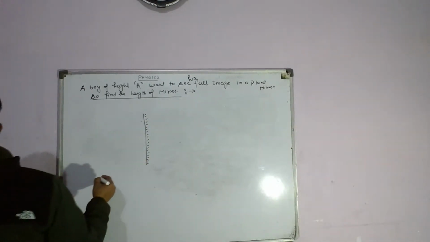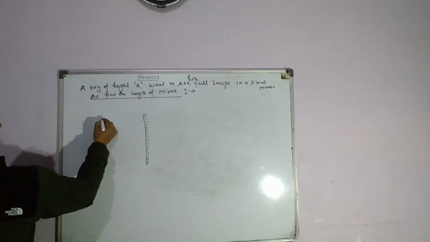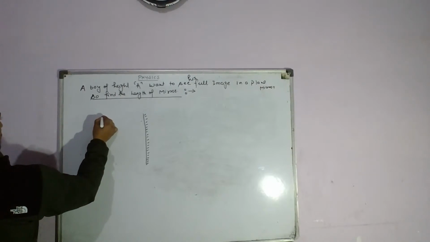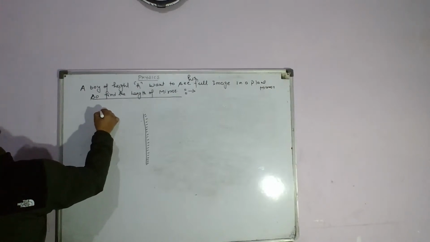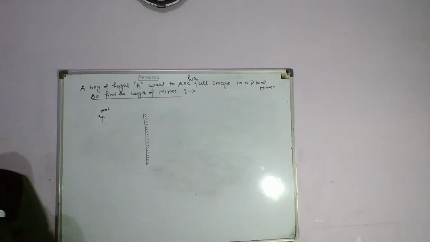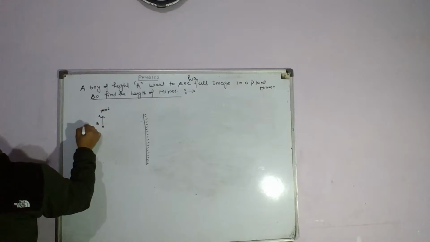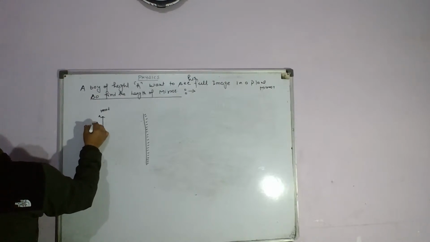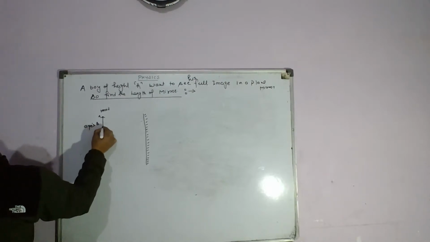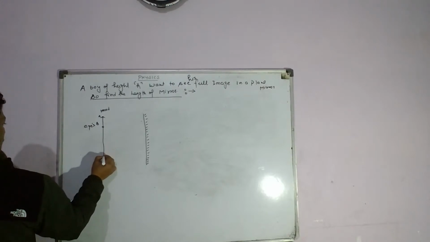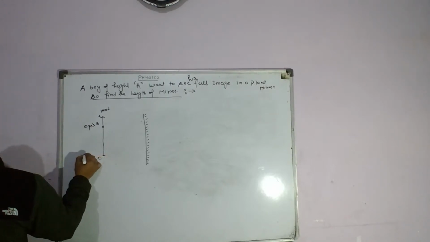Suppose this A point is the head of the boy, this B point is the eyes of the boy, and this C point is the feet of the boy.